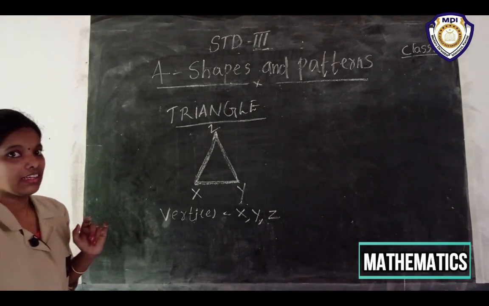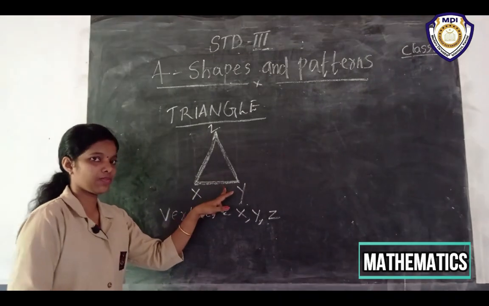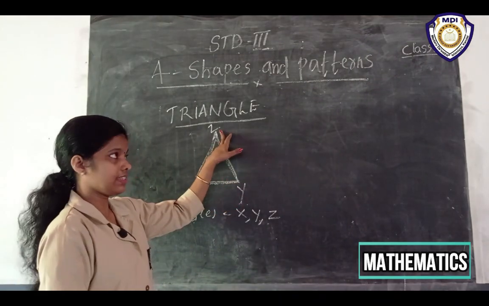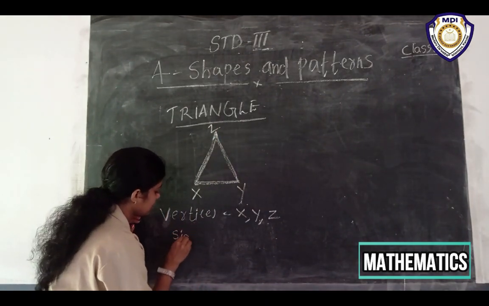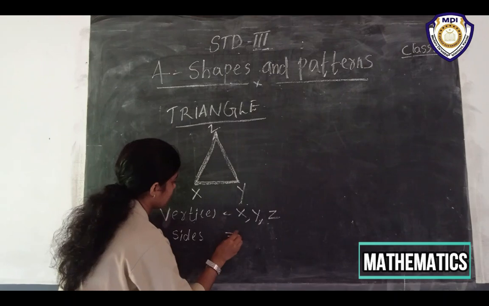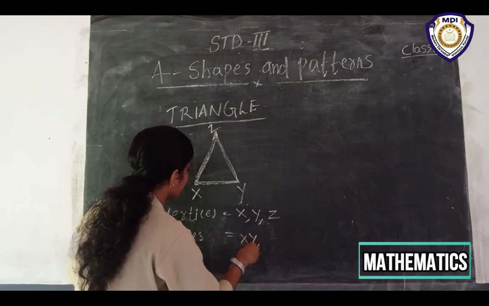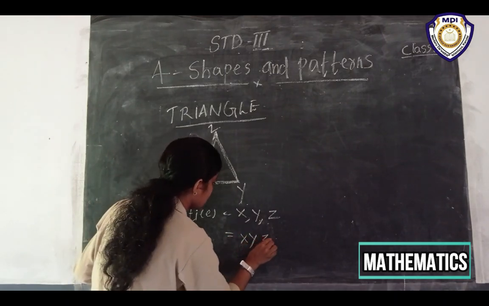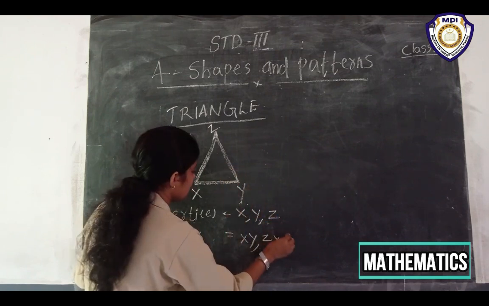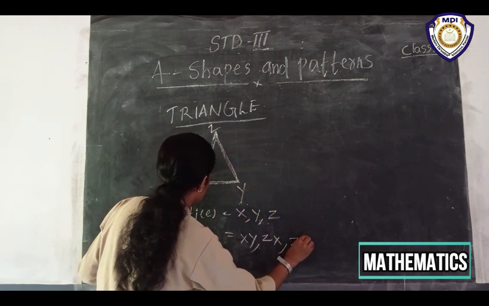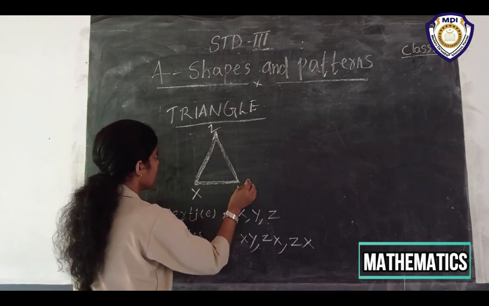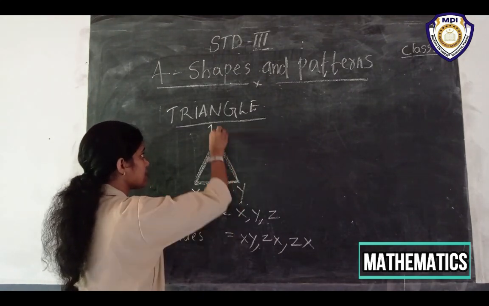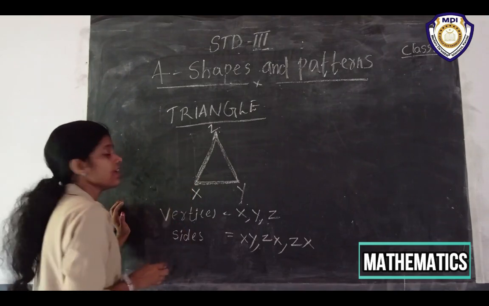Only 3 sides: XY, YZ, ZX. XY is one side. YZ is another side. ZX is the other side.